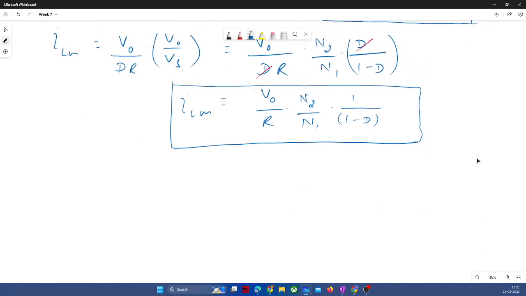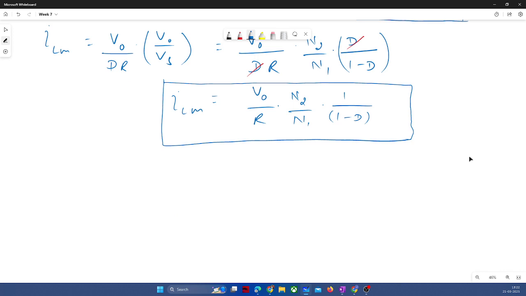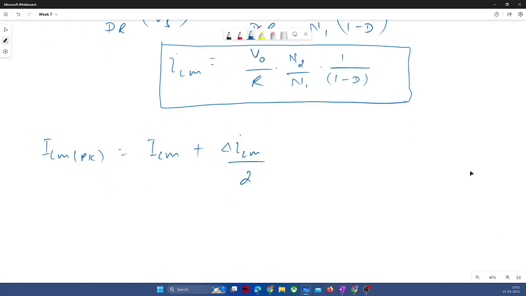Now you know the ILM. You can easily compute the maximum value of magnetizing current and the minimum value of magnetizing current. So ILM peak will be equal to ILM plus del ILM by 2. This is easy, right?